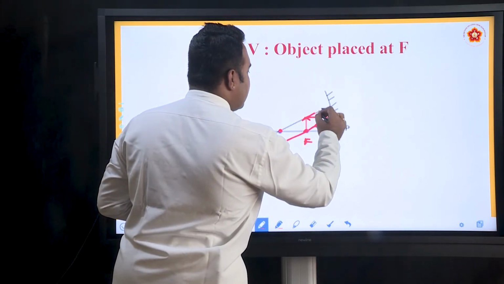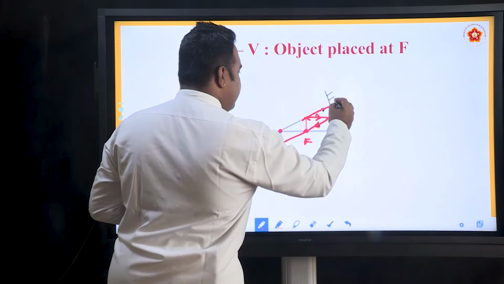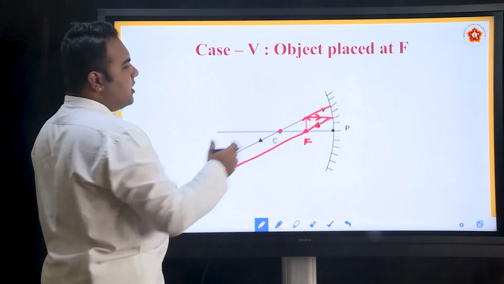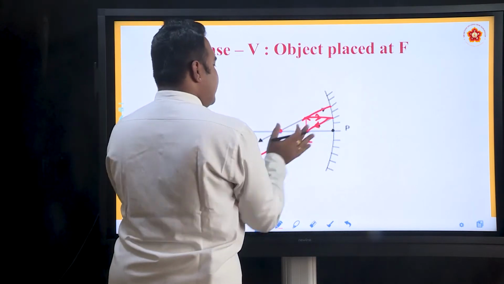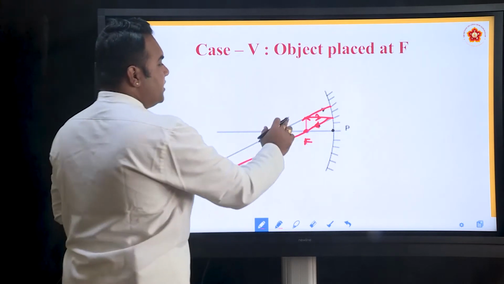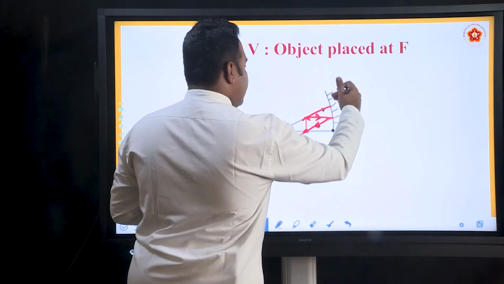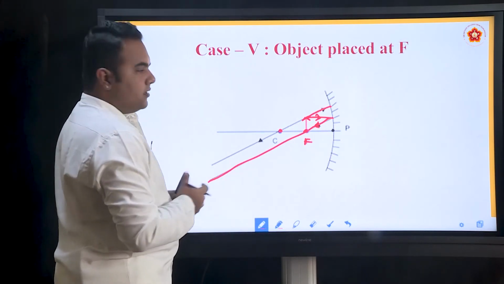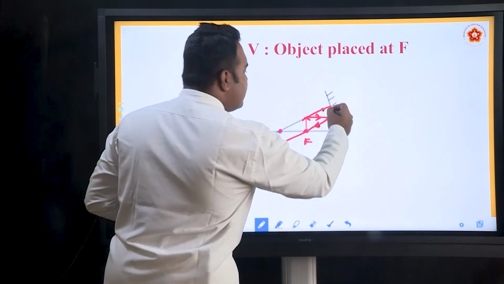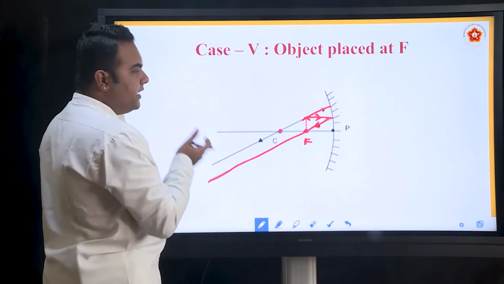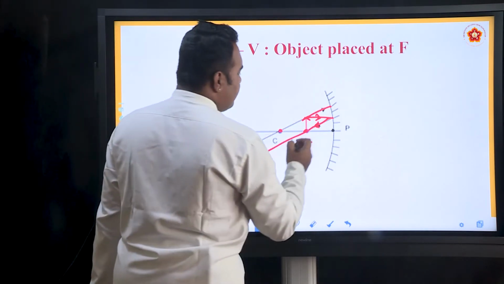As this ray of light comes from the object, it hits the mirror and retraces the same path. So, from the many infinite rays of light coming from the object, the particular ray which is aligned along the center of curvature axis hits the mirror and passes through the same center of curvature without any deviation. So, I have got my two rays of light.